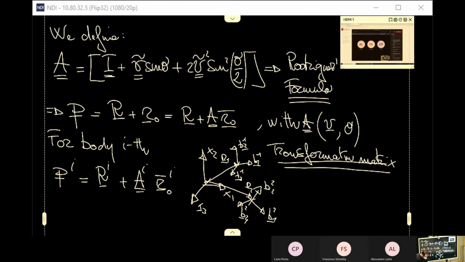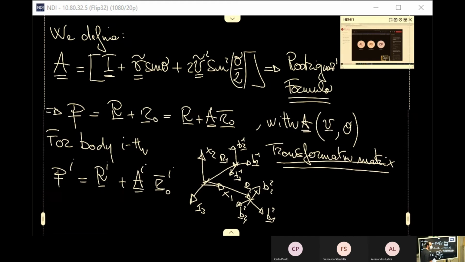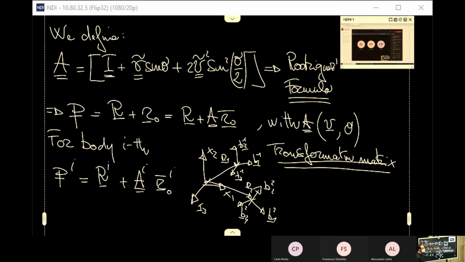All right, let's make a super quick exercise. In a typical multi-body system, how many reference frames would we define? It depends on how complex the system is. We will actually have a seminar, and at the end of the lesson, please remind me to give you some info on the calendar regarding the seminars. The seminars are a cycle of 4 lectures held by an MSc student using the software Adams.